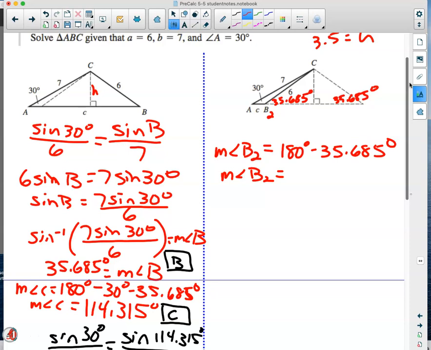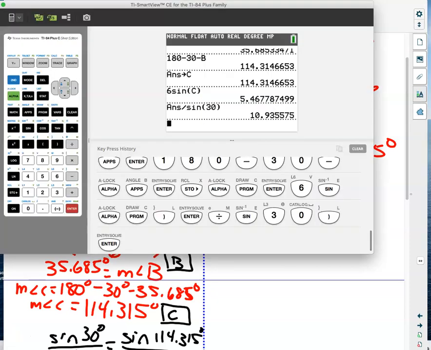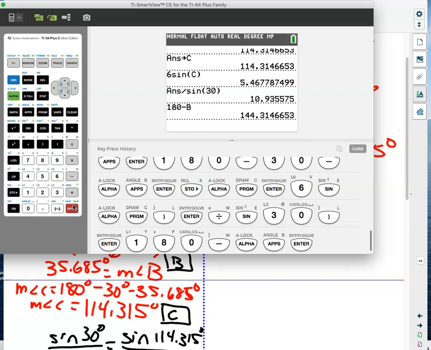And again, I'm really glad I stored something. I've got that 35.685 right in there as B. So I can take 180 minus B. 144.315.